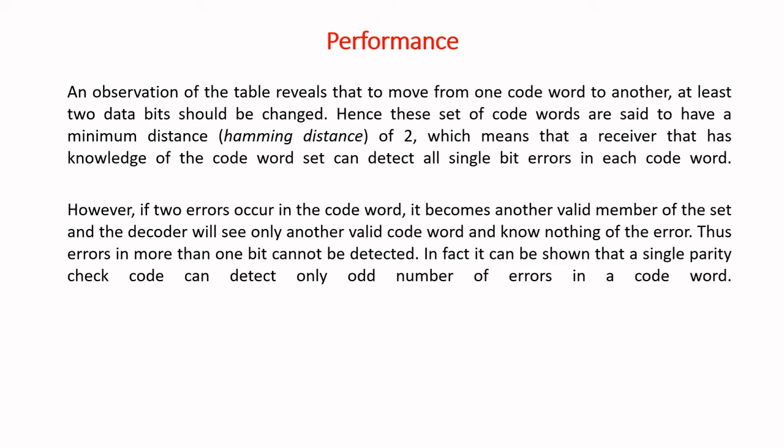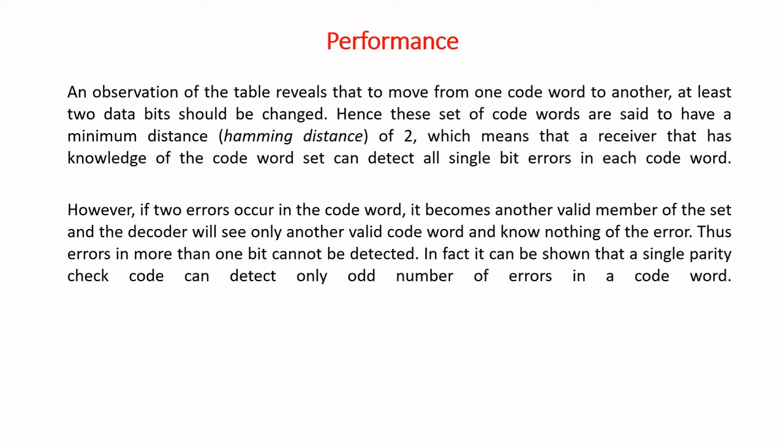So after discussing this simple parity check, we can say it can detect all single bit errors in each code word. And what is a code word? A code word is the data plus the parity bit.